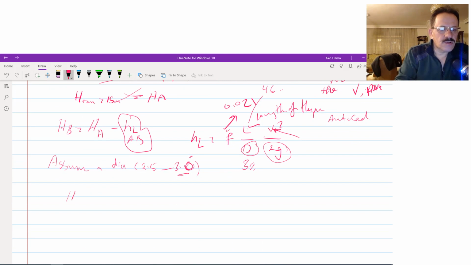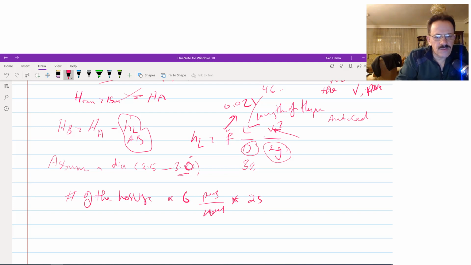Now the number of houses times 6 persons per house, this is the total number, times 250 liters per capita per day. This is called the average demand, and we should find the maximum demand.